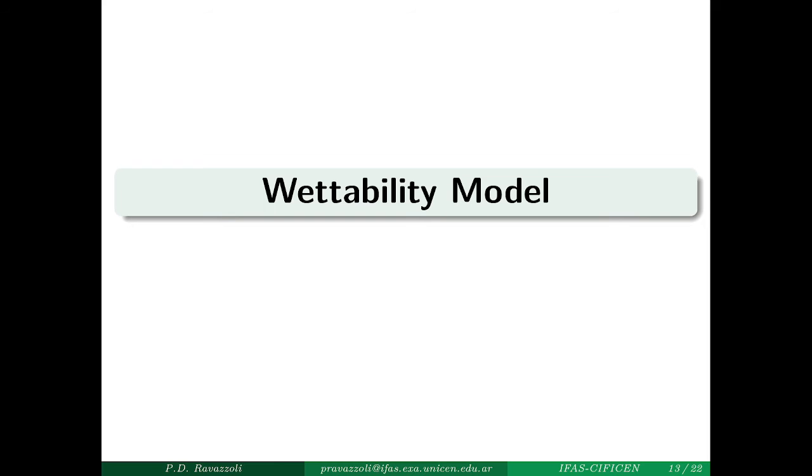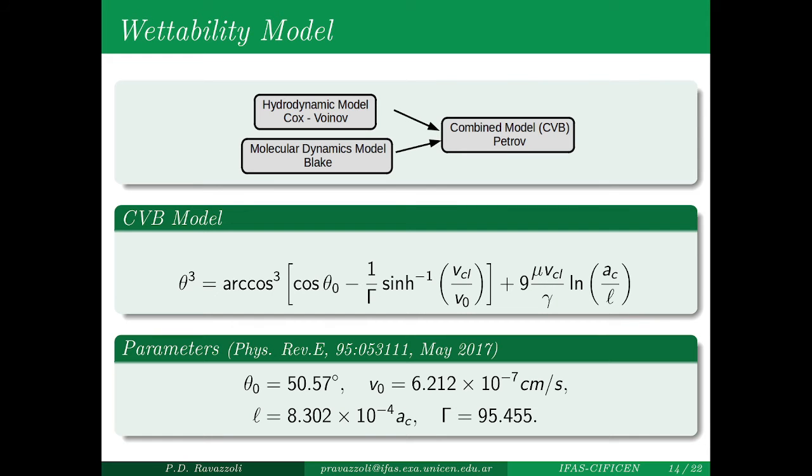We want to construct a hydrodynamic model in order to perform numerical simulations of the Navier-Stokes equations. For that, we need a boundary condition that correctly models how the liquid wets the substrate. This model is the consequence of a combination of a hydrodynamic one, the Cox-Boinov model, with a molecular one, the Blake model.